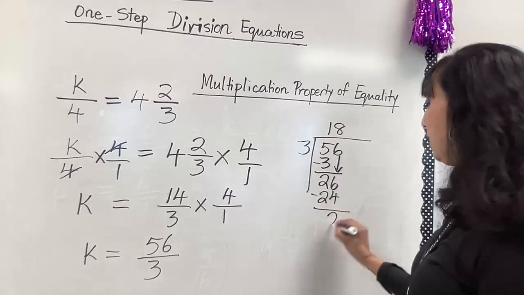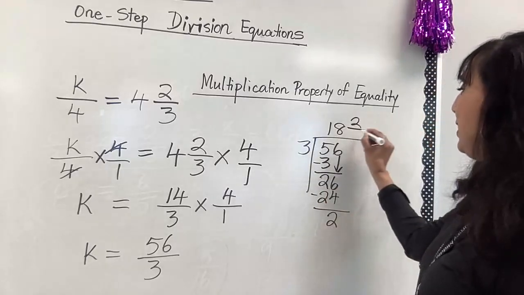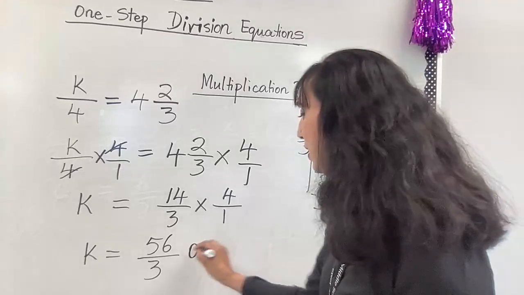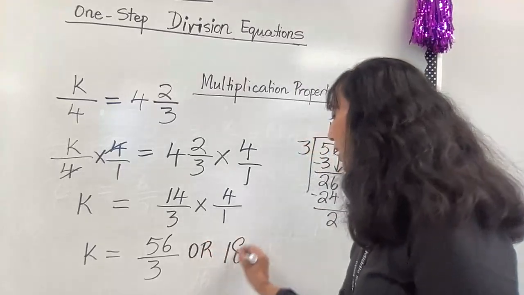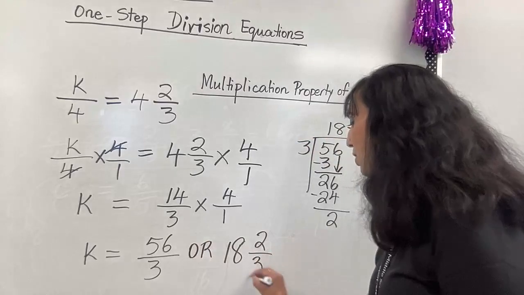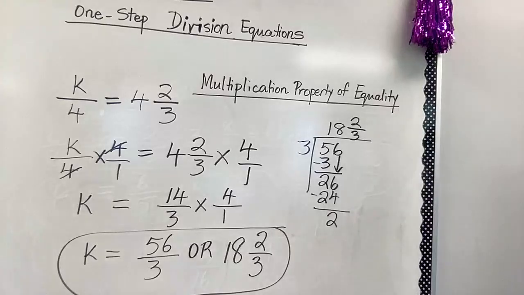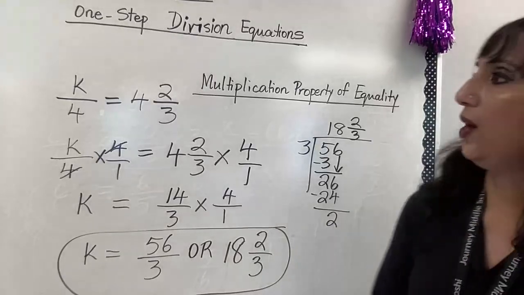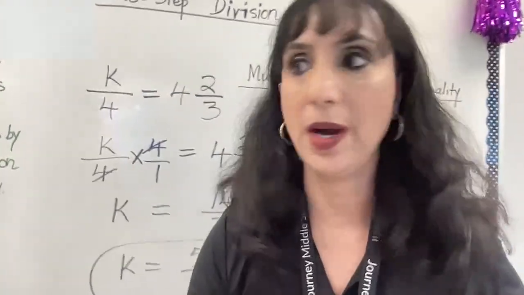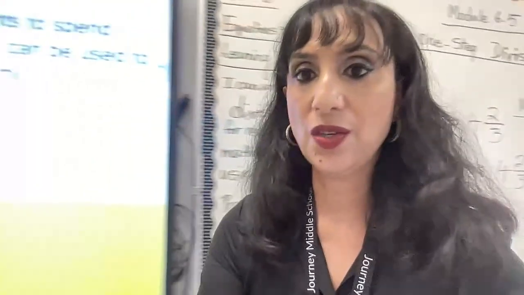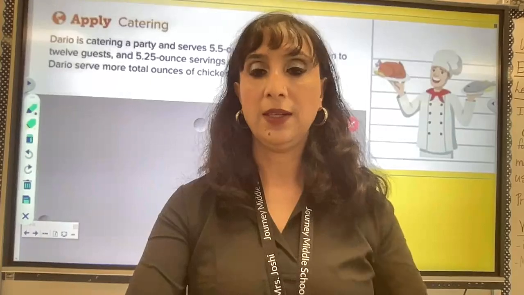And my remainder is 2, so I get 18 and 2/3. So 56 over 3 or 18 and 2/3 is the value of k in this case. Okay? And we are now going to go ahead and do one last problem. And so I'm going to take you to the whiteboard for this one.